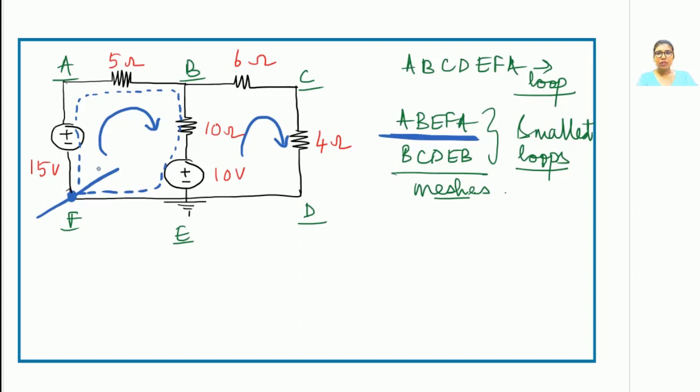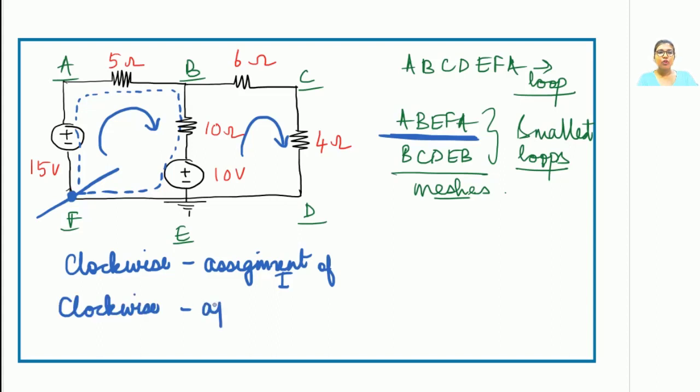So remember two things. The assignment of the current should be in the clockwise fashion, and while writing the KVL equations, please go around the mesh or the loop in the clockwise fashion only. Both should be clockwise.